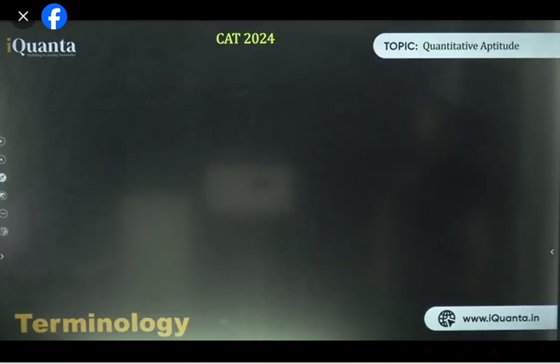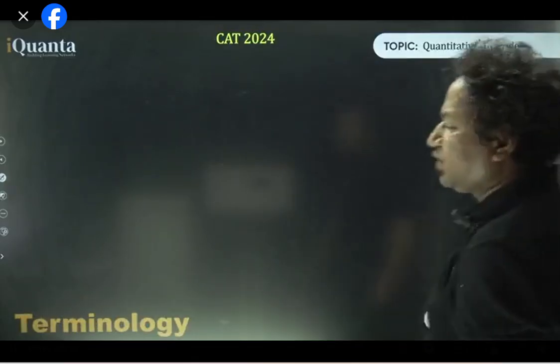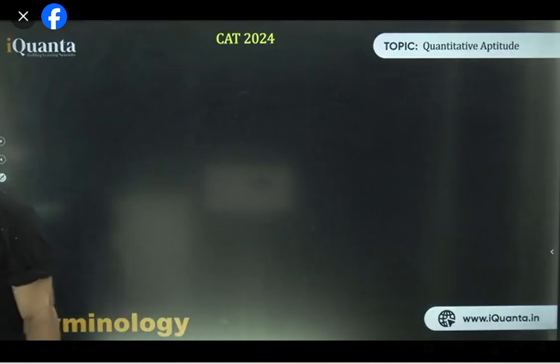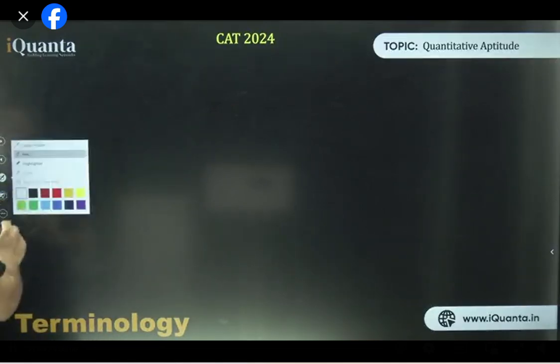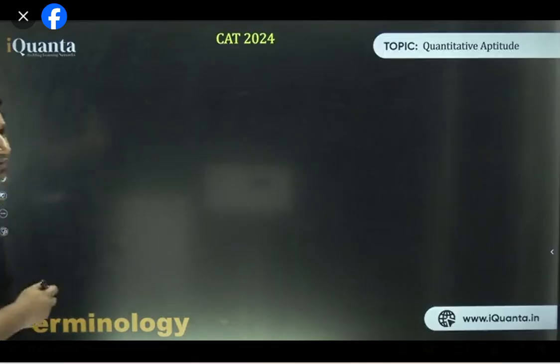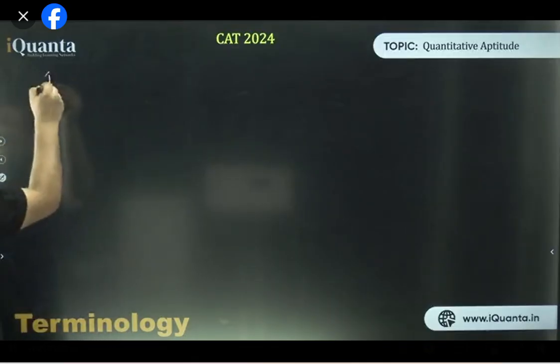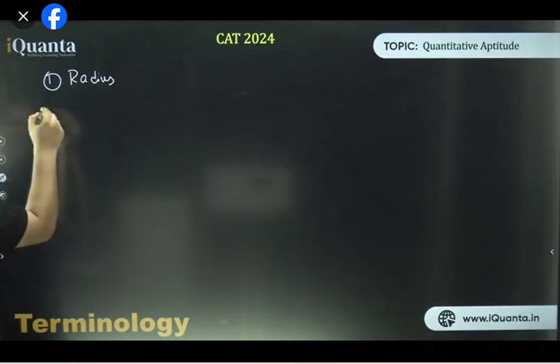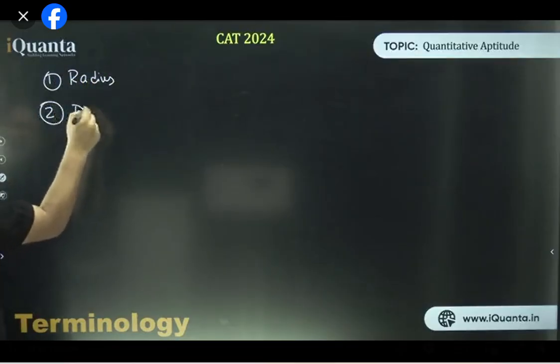Let's move ahead. So now let's go to terminology. What all terms are used in circles? The first term that we'll be using is radius. All of you know what radius is. Second is diameter.